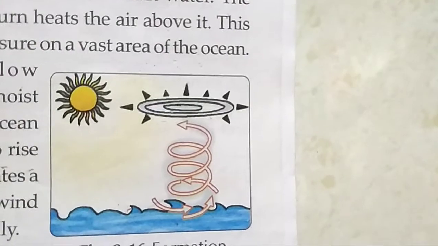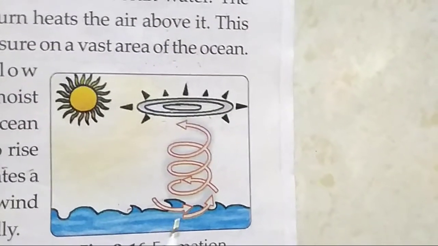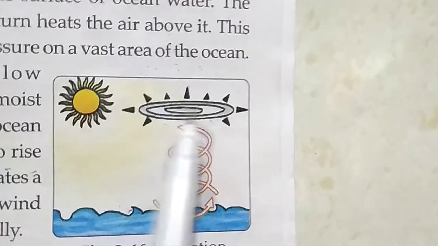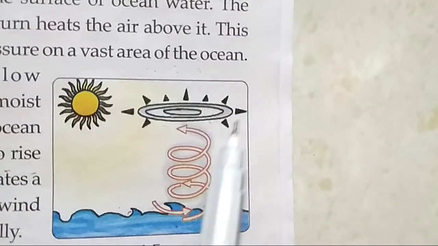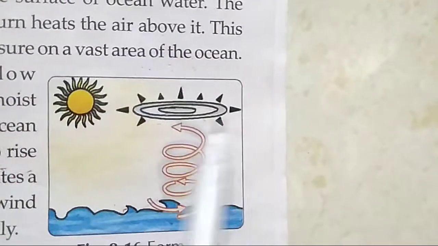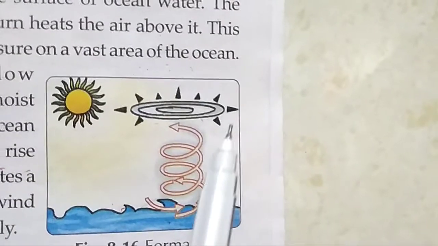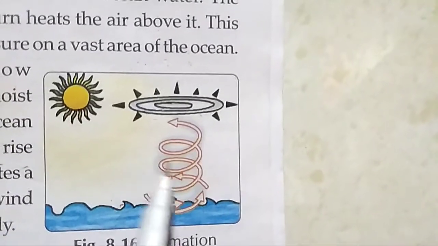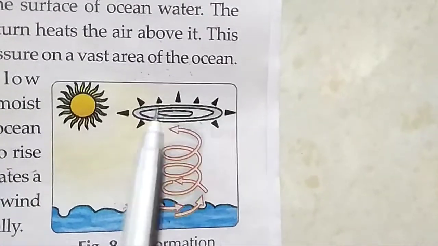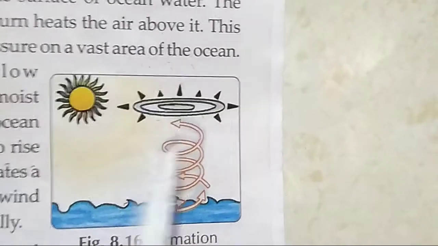So here we can see warm and moist air rising up again and again and changing into clouds. Clouds form that have a large amount of water, but these clouds spiral with high-speed whirling winds. So in this way a cyclone forms.